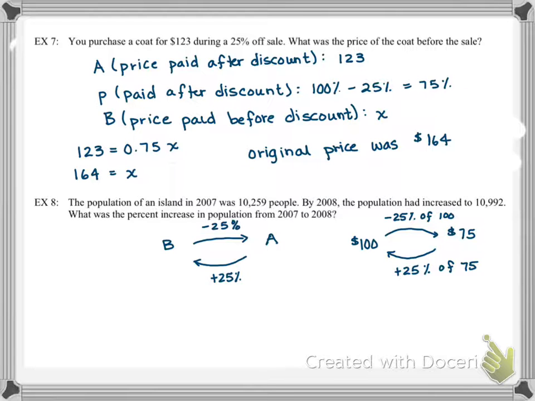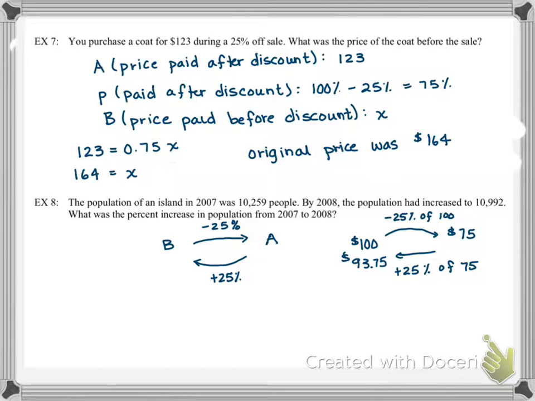Less than 25. It's like $94, I think. $93.75. You get $93.75.